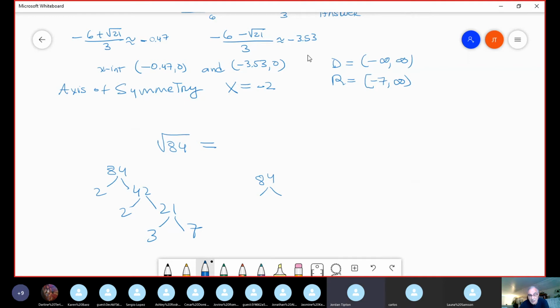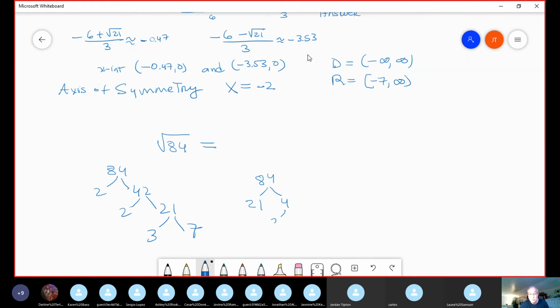Suppose you divide 84 by 2, or by 21. 84 divided by 21 is 4.